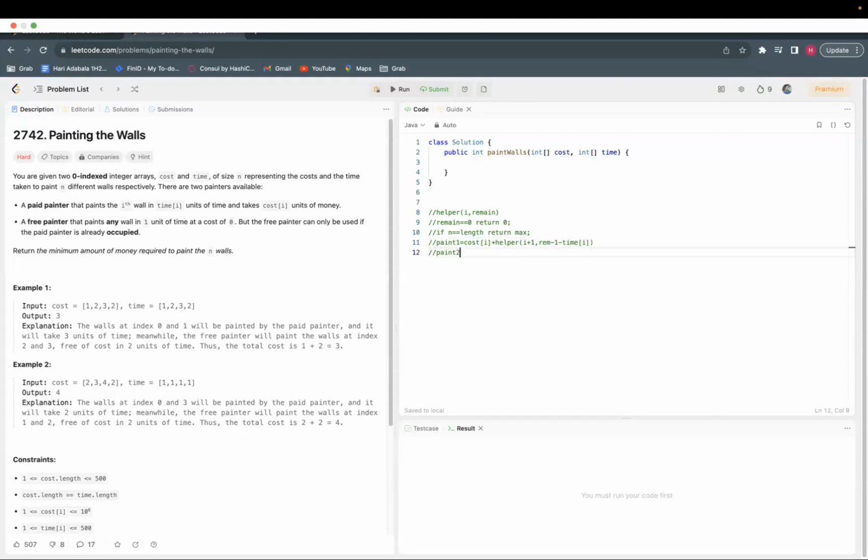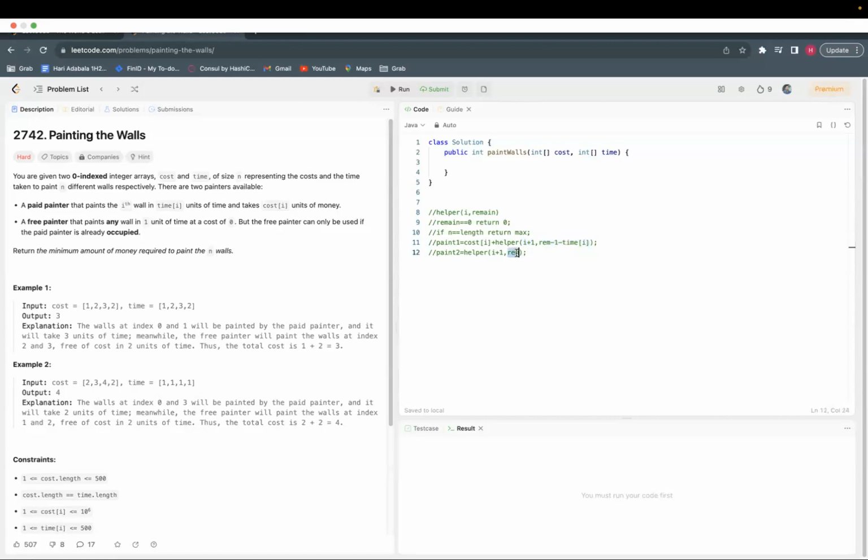And what is the second possible solution? We will not take that particular wall painted by the paid painter. So then we will not include this cost, and it will be helper of i plus 1 comma, this remaining will still be the same. Why are we not decrementing this remaining? Because we cannot decrement it, right? We are anyhow decrementing it here when we are taking the paid painter.